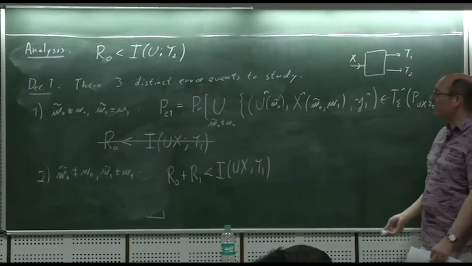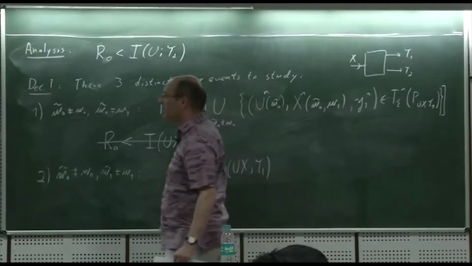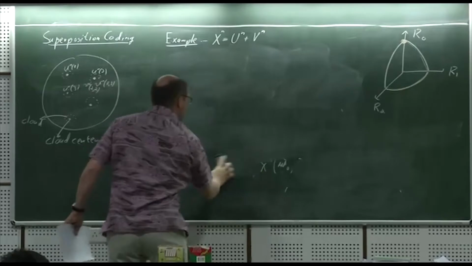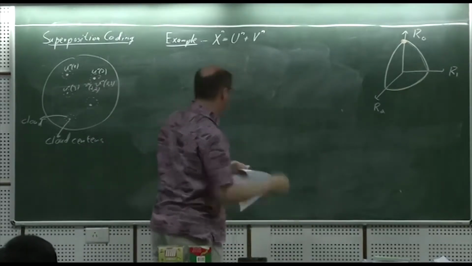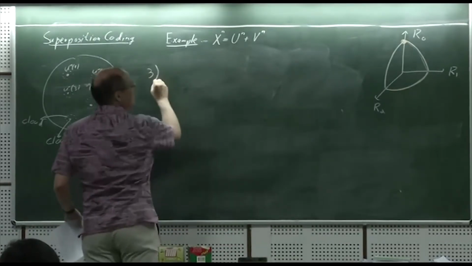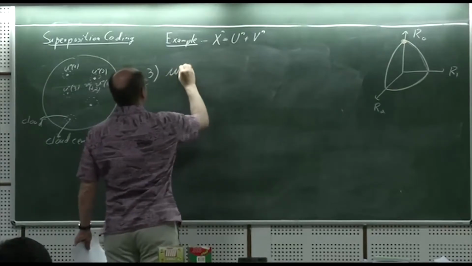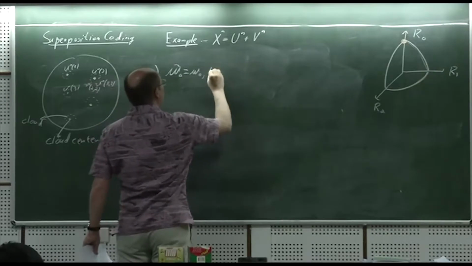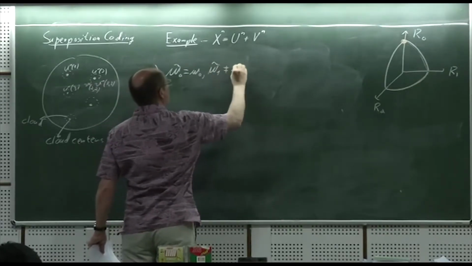Okay, that leaves us one final error event we have to study, namely that the base message is correct: W0 tilde is equal to W0, so we're in the right codebook, but W1 tilde is not equal to W1.